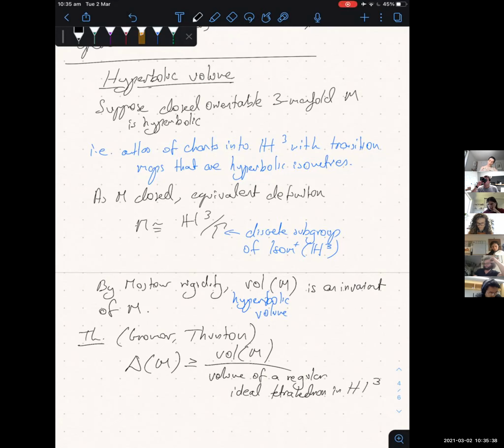One way of interpreting this is that if you can find a triangulation where all of your tetrahedra are big in your geometric structure, then it's probably a pretty good one in terms of being minimal.